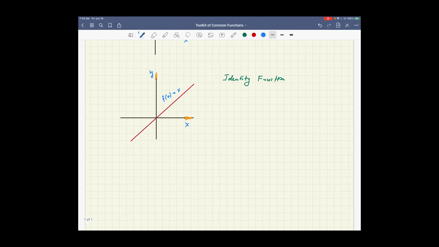Of course, the domain and the image are simply the entire set of real numbers.